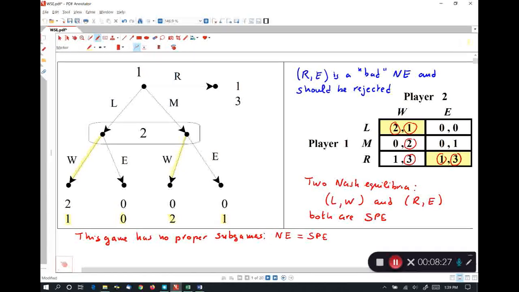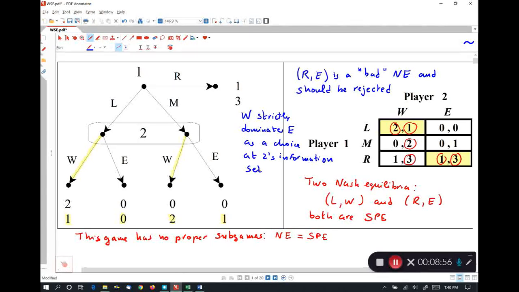Now, what we have is that W strictly dominates E as a choice at 2's information set, but not as a strategy before the game begins.